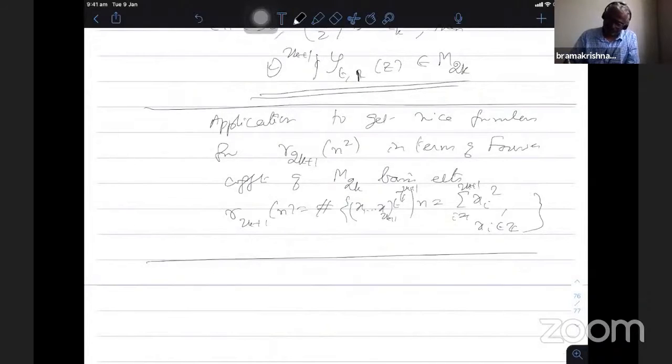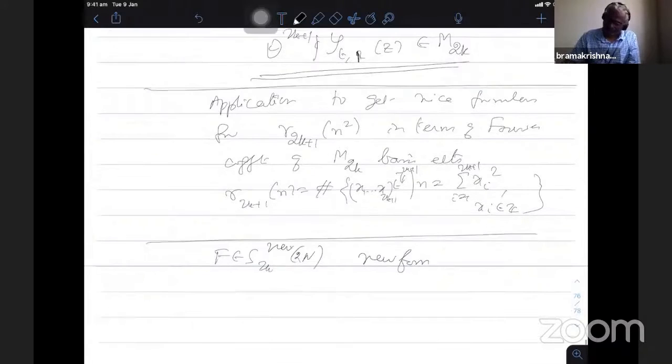So take f a new form in S_2k(Γ0(2n)), and consider the L function associated to f twisted by the character (d/·).